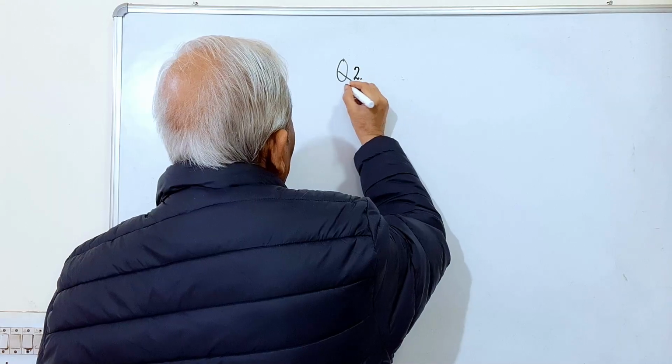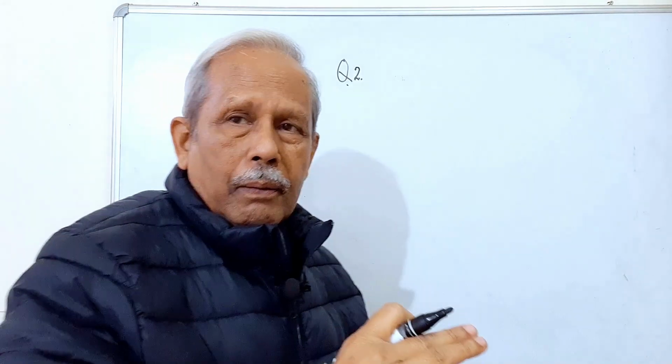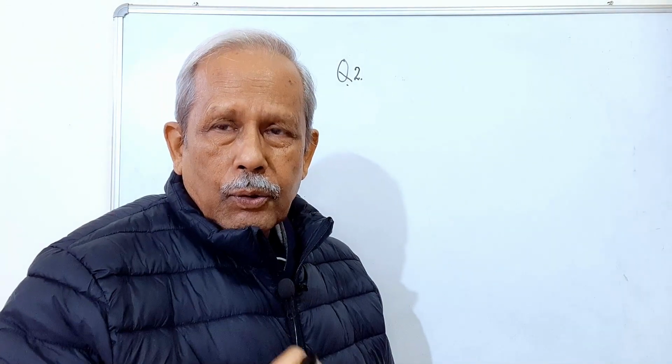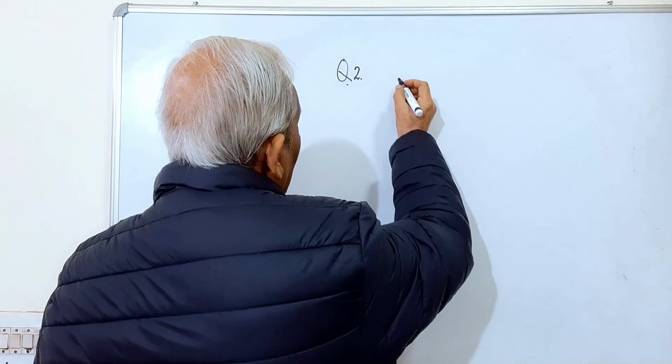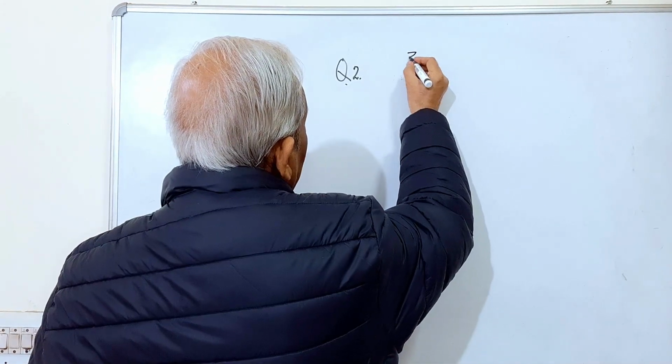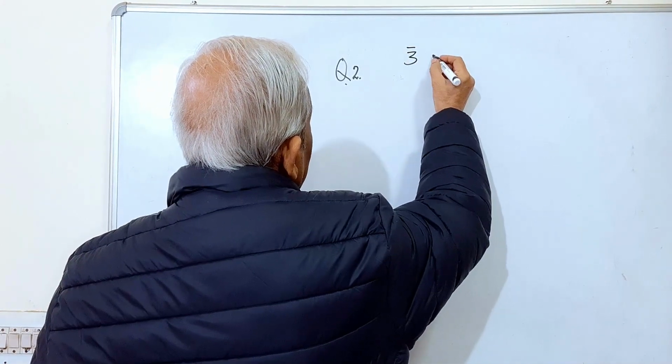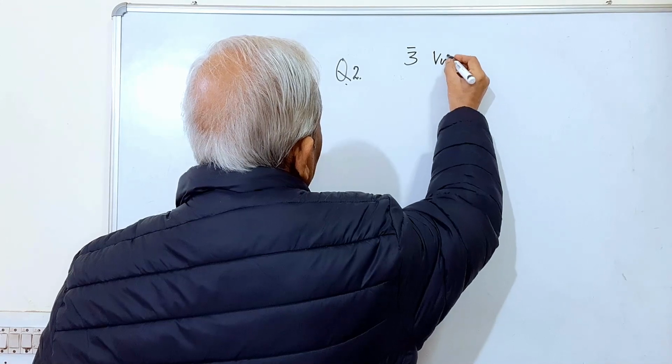Question number 2. I think you remember that this process of creating bar numbers is known as vinculation. So when we make any number, say 3 bar, it's known as vinculating.